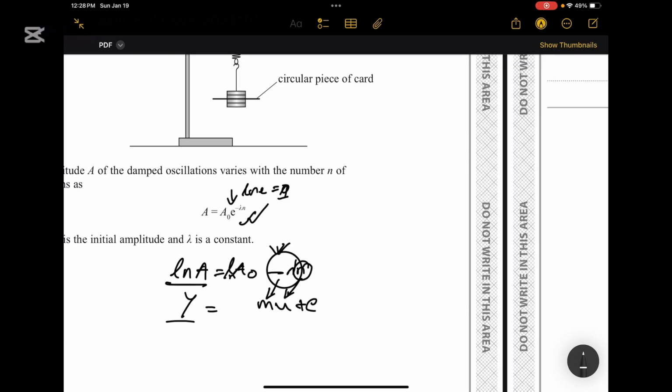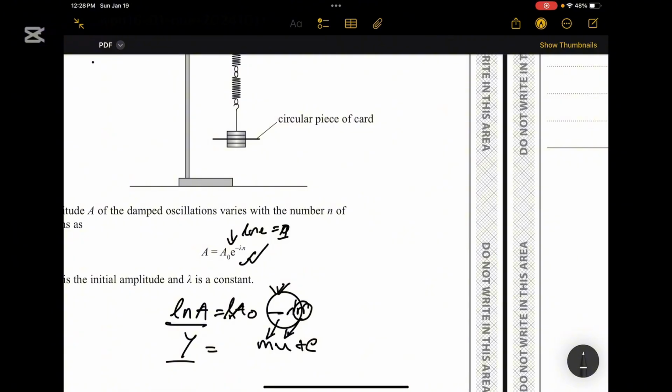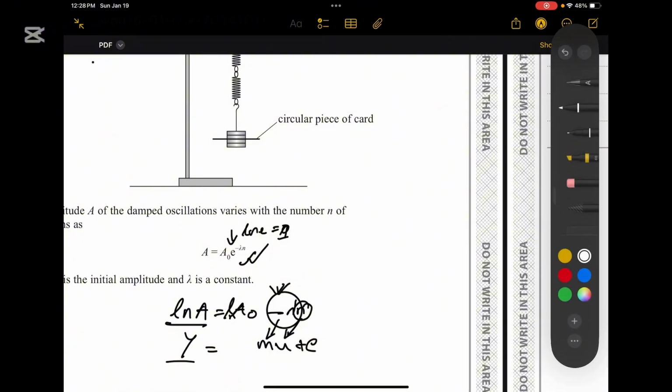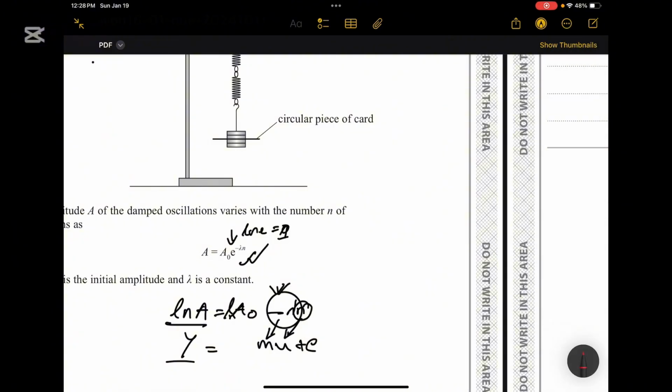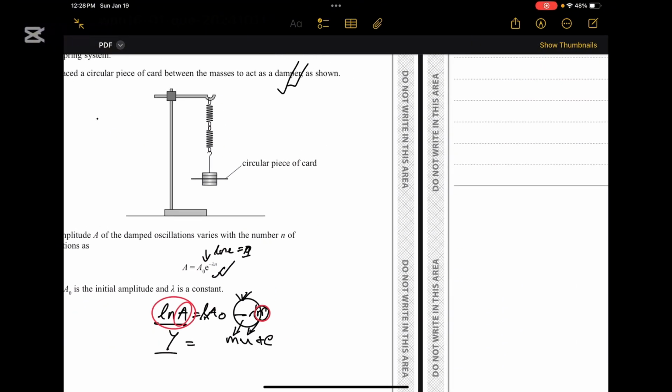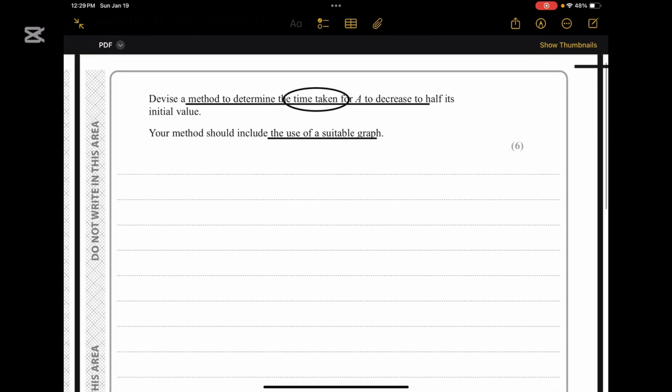As we have to draw a graph of ln A against n, we have to measure the amplitude A as well, right? We will use a meter rule to measure the amplitude.